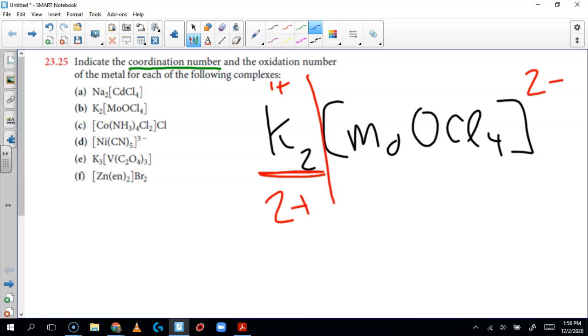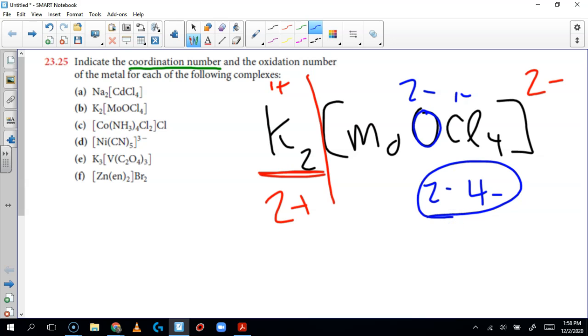Each chlorine is a 1 minus, so there's 4 of those, so this is a 4 minus. Oxygen, the oxo ligand, is a 2 minus, so that equals 6 minus from the ions. We have to get to 2 minus, so that makes molybdenum 4 plus.